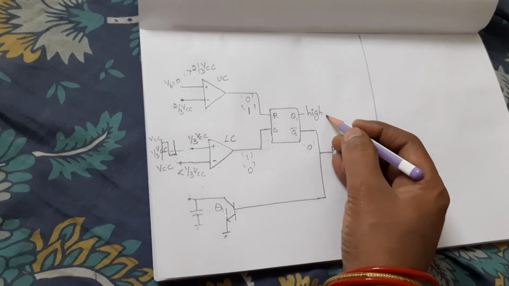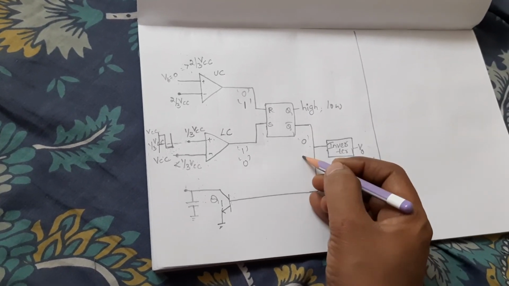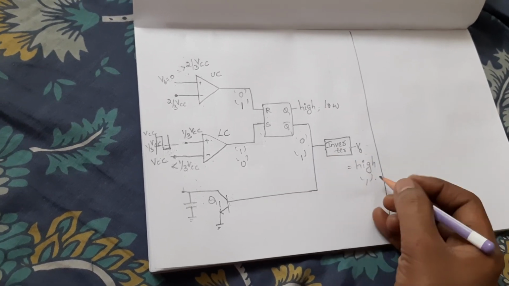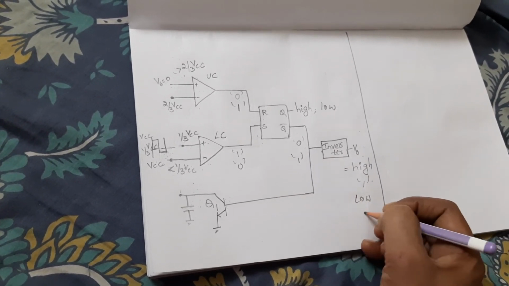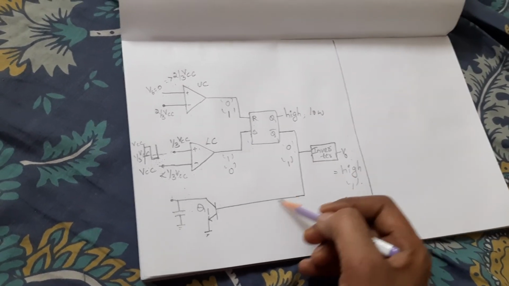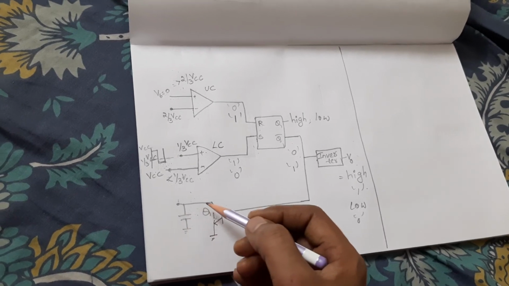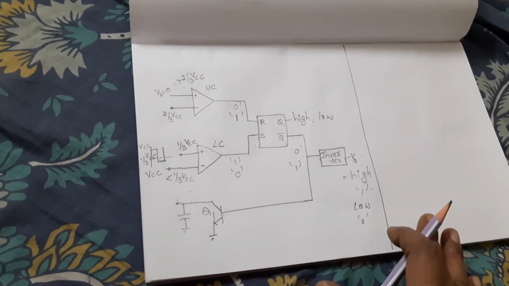So again Q becomes low, 0, Q bar becomes 1 and the output becomes low. Again we come to the starting point. Whenever it is 1, the transistor is on again, so the capacitor starts discharging.